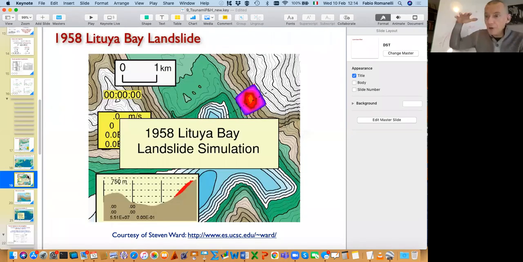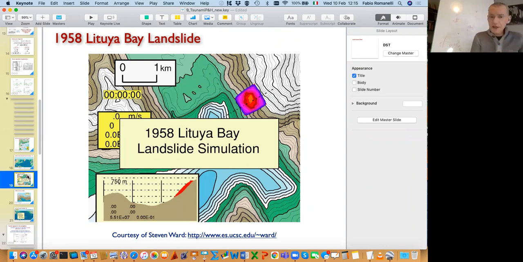You can have tsunamis generated by landslides, and that's important if you're going to study tsunami hazard. It is related to the last slides that we are going to see today, because maybe an earthquake is not causing a tsunami directly, but it may cause a landslide, also a submarine landslide, and of course you are perturbing the equilibrium of a fluid.